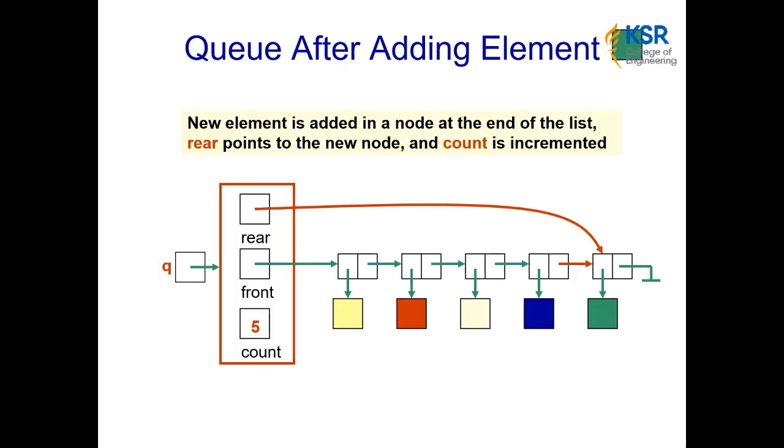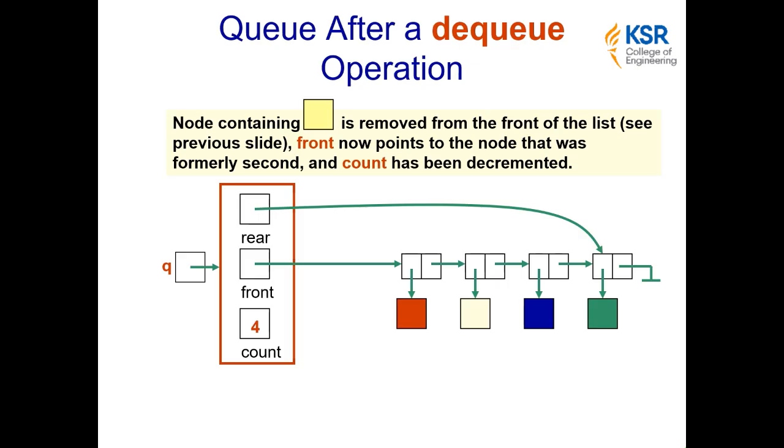If you add a further element, the green element, into the queue, it will be added at the rear end. So the total count is now 5, incremented by 1.